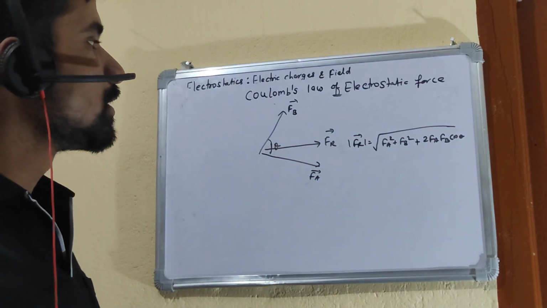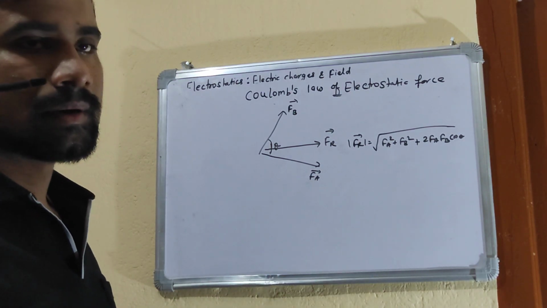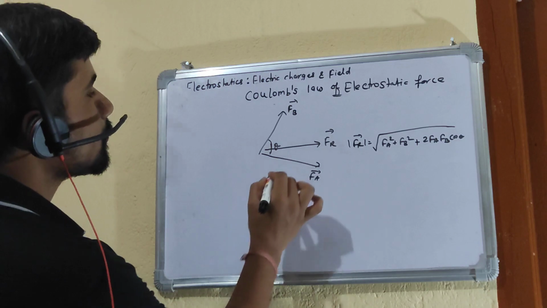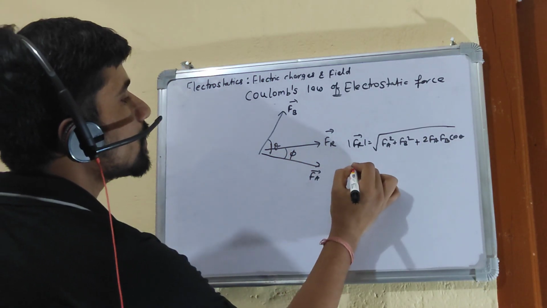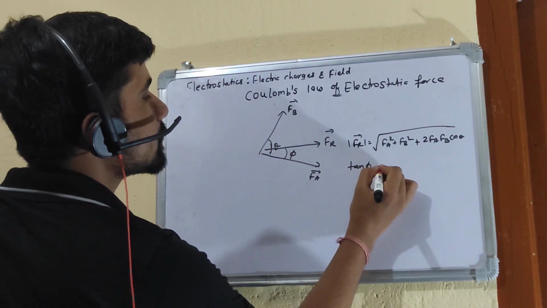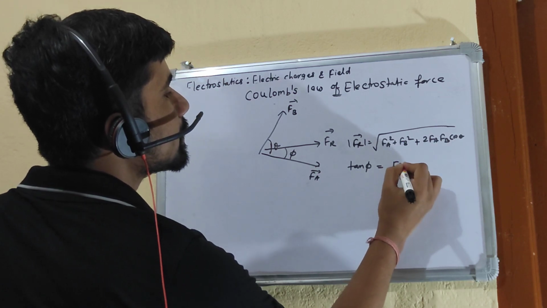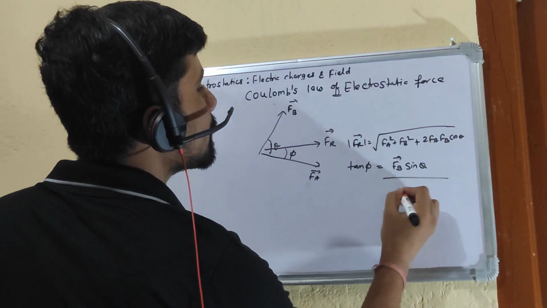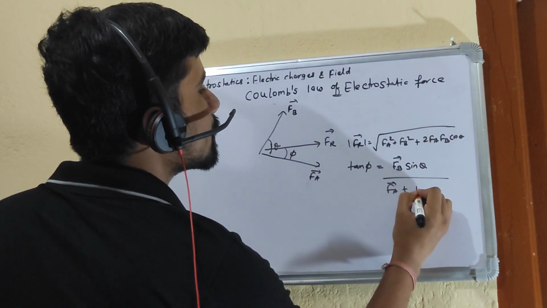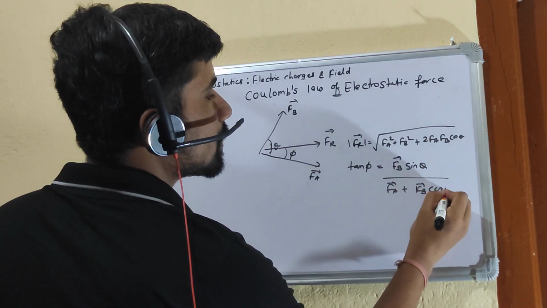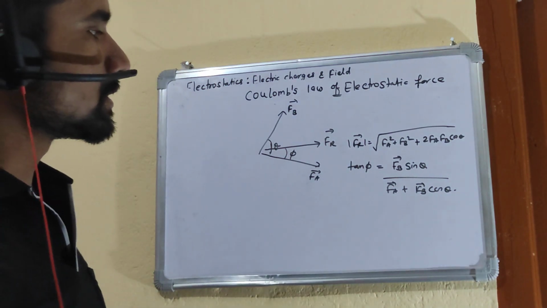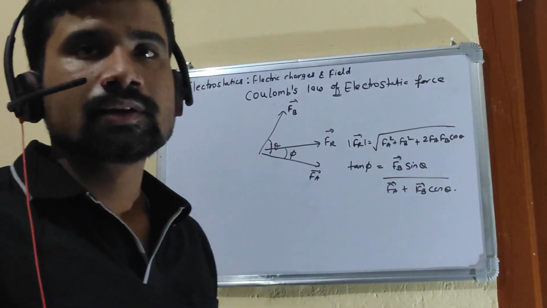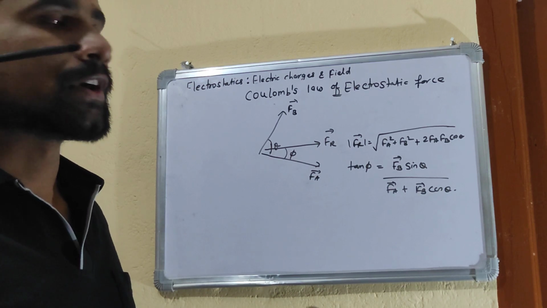This is the way to calculate the magnitude of the resultant force, and we can also find its direction. I think the direction is given by FB sin theta by (FA plus FB cos theta). I need to recap this, but I think this is the correct one. So this is the triangle law of vector addition.